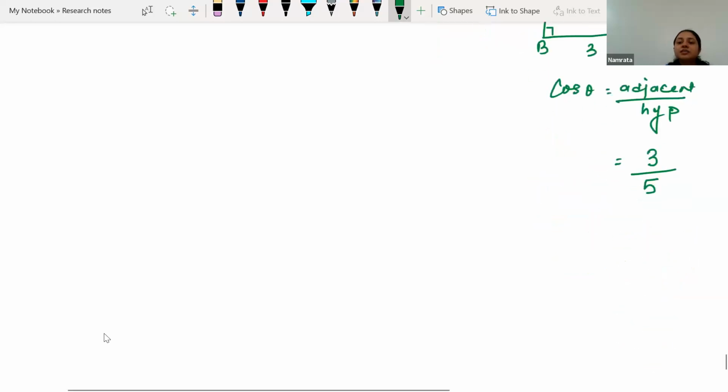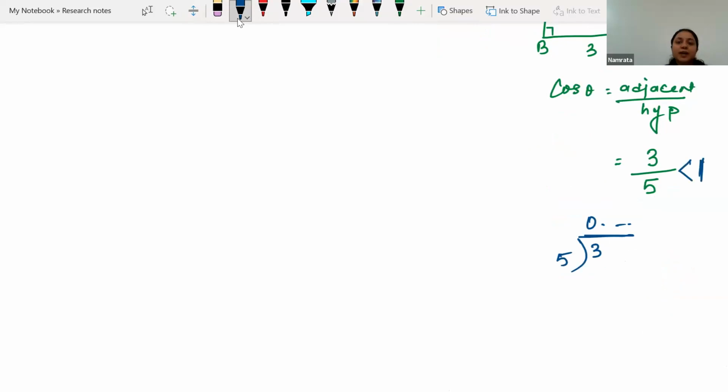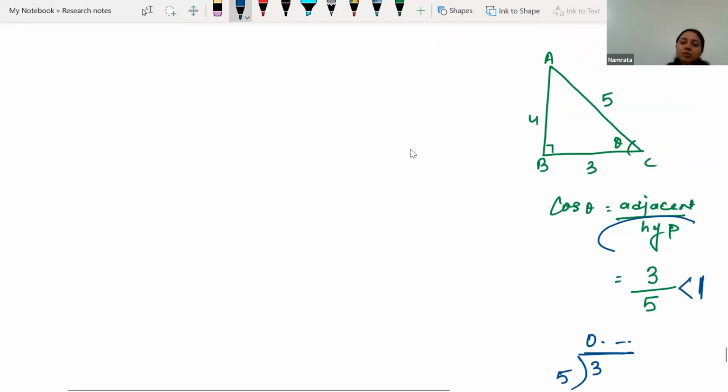When you divide 3 by 5, we will always get 0 point something, a number less than 1, because the hypotenuse is bigger and you always write the bigger value in the denominator.